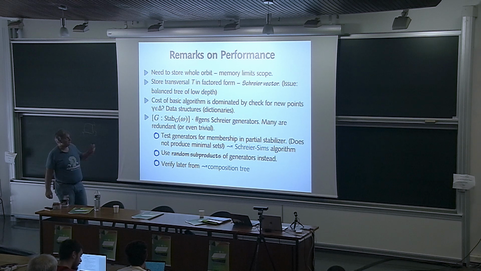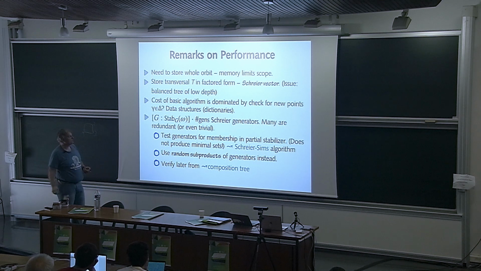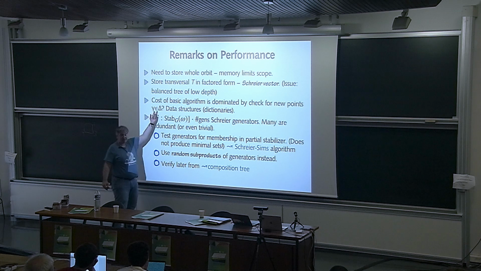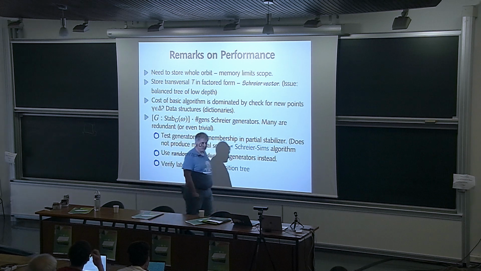That is sometimes called a Schreier vector. You basically get a construction tree, and you want to make the depth of this tree small, so not too many elements have to be multiplied. The cost of the algorithm actually is dominated by the element test in the orbit. If you get a point, is it new in the orbit?